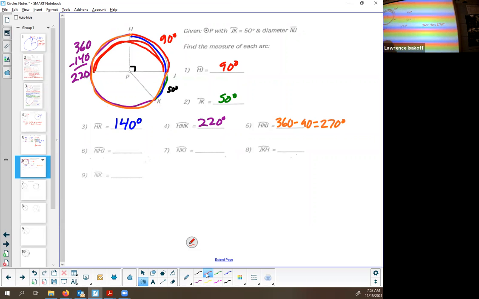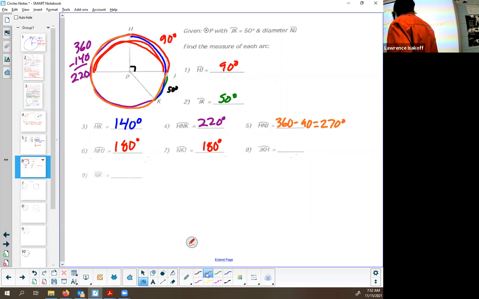And HJ, that's just half the circle. 180. Now it asks for NKJ. Well, NKJ is just the underside of that. So that would be another 180.